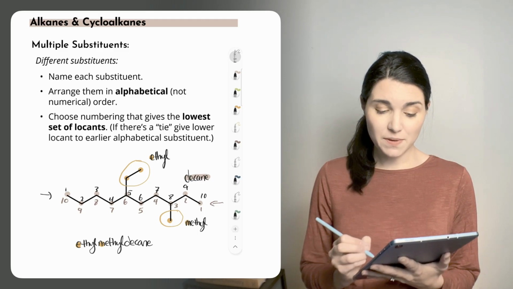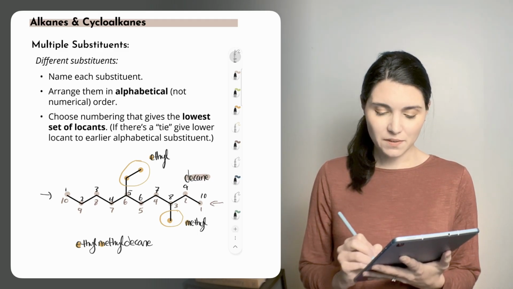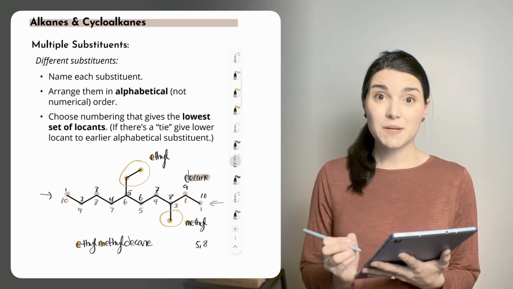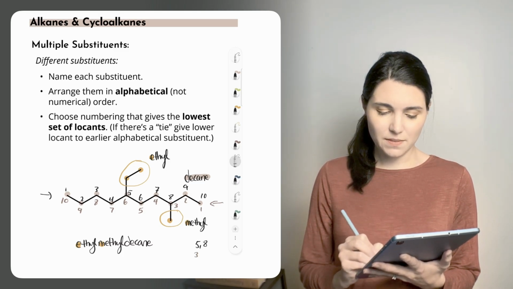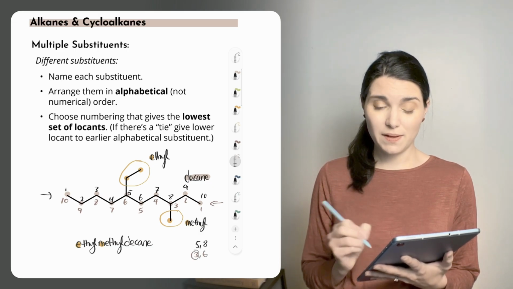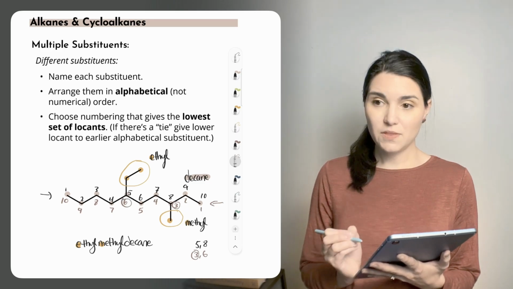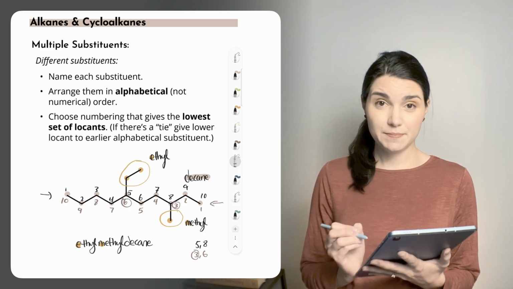So we can see with the black numbering, the lowest set we would get is 5 and 8. And with the pink numbering, the lowest set we'd get is 3 and 6. So that's a better numbering, 3 and 6. So I'm going to just circle those locants, 3 and 6.